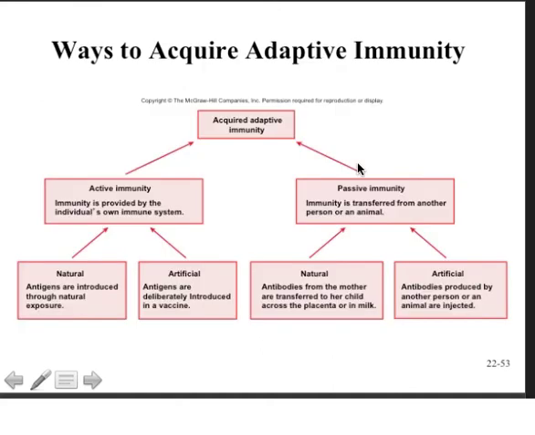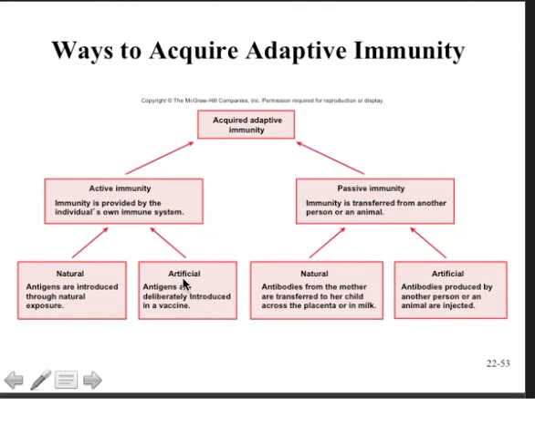What you're looking at here are different methods to acquire adaptive immunity. And so we'll start down here, the left-hand side of the flow chart. Natural immunity is where the antigens are introduced as a result of natural exposure. Artificial is where the antigens are deliberately introduced via an injection.